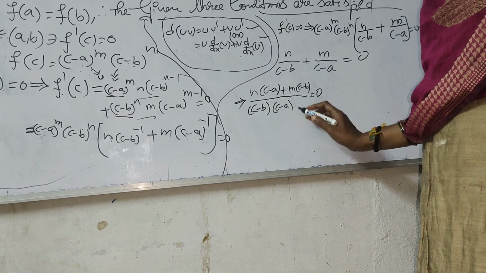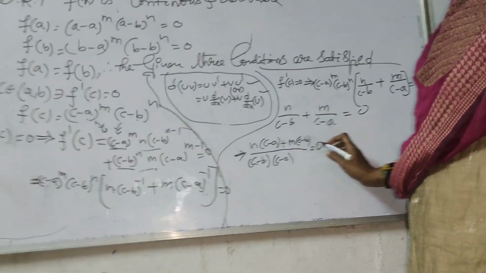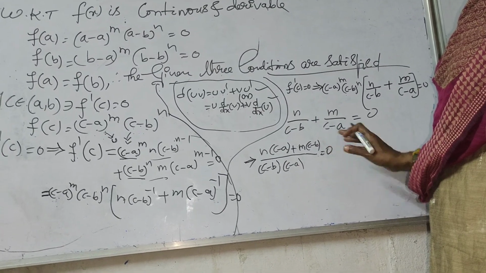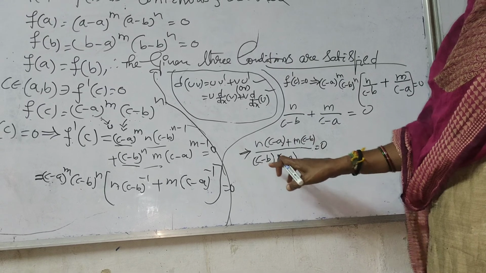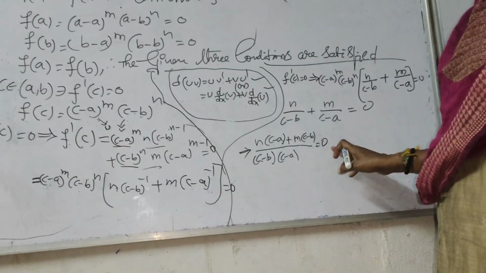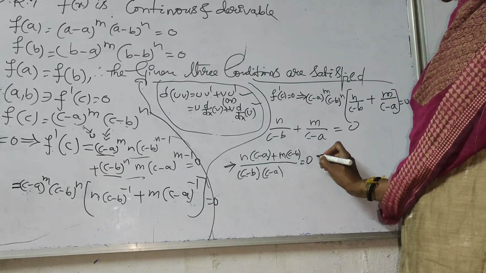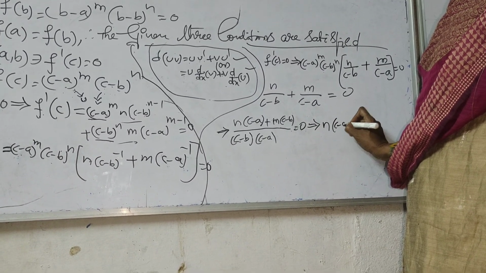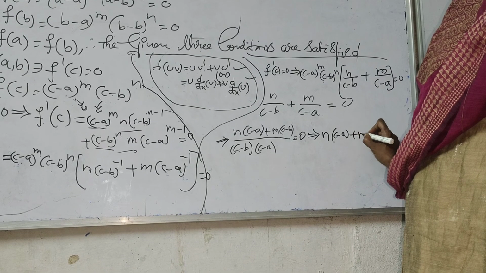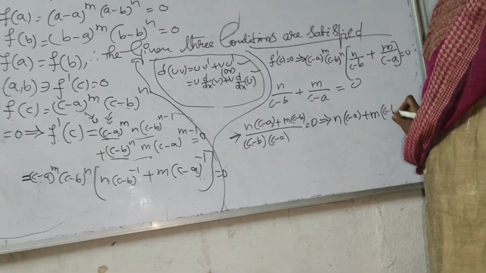Next, after we transpose the denominator to the RHS, the multiplication is 0 into C minus B into C minus A, which is 0. Now that implies n into C minus A plus m into C minus B equals 0.